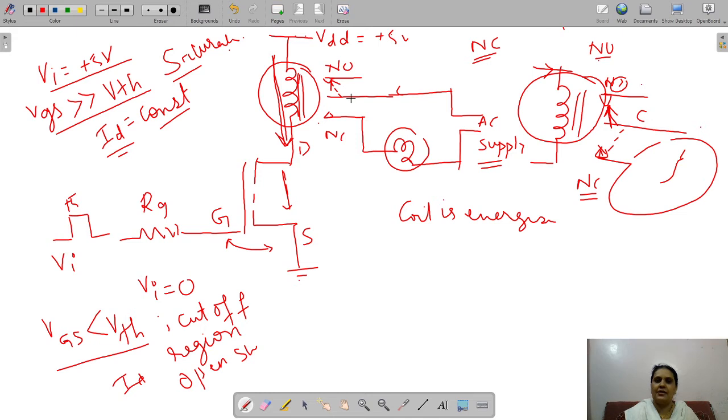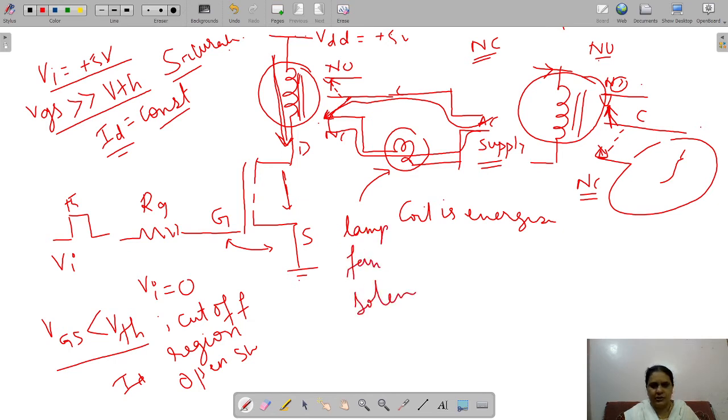The contact trips from NO to NC. Once it trips, the AC current flows from this point, goes to the C point, comes to the NC point, then passes and goes back to the supply. This may be a lamp, may be a fan, may be a solenoid, etc.